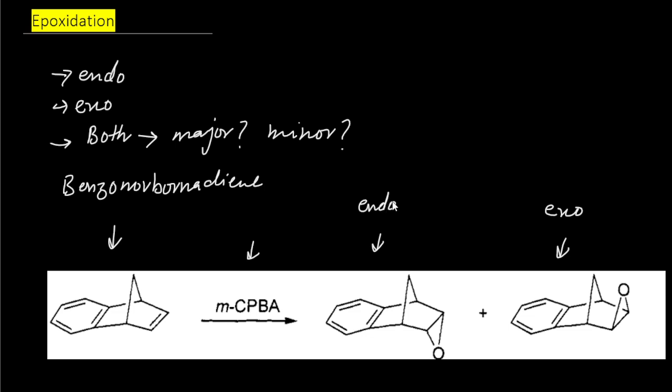If you don't know the difference between the endo and exo isomers, you can watch this video. This is given as a pop-up window, a card. You can click on it and it will refer to this video. You can easily differentiate between the endo and exo isomers. So this is endo and this is exo. By using NMR spectroscopy, we can differentiate which product is formed.